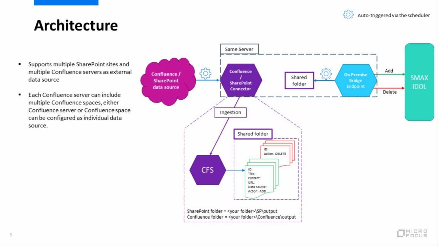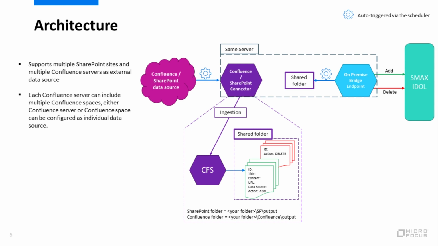On this new server, you install the Confluence or SharePoint IDOL connector. IDOL is our search engine in the backend, which will receive the data, index it, and make it available to SMAX. But before this can be used, you need to install this connector.